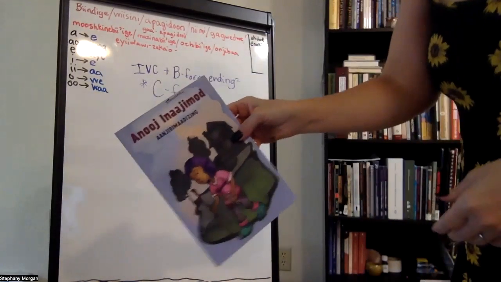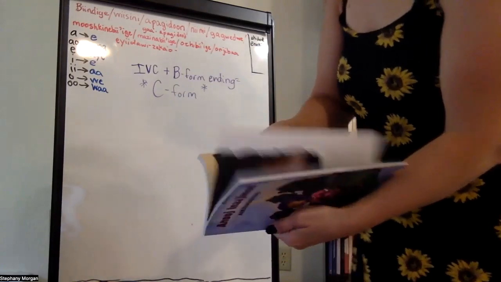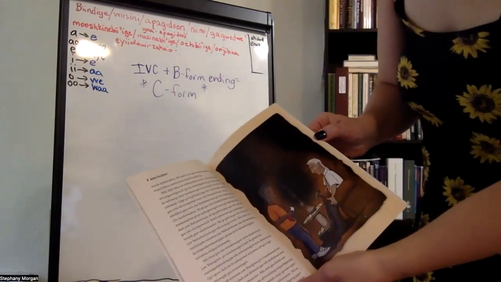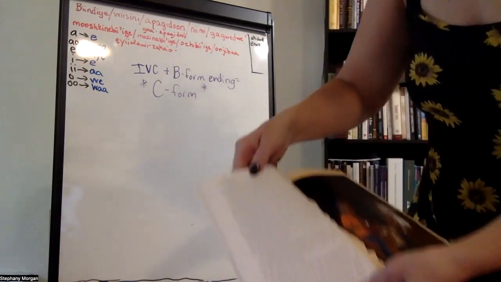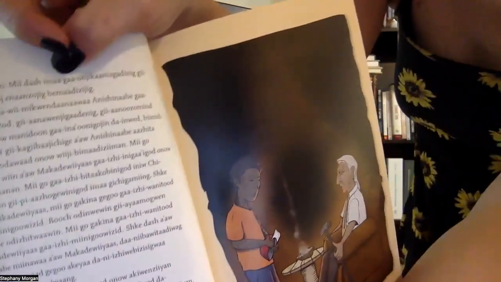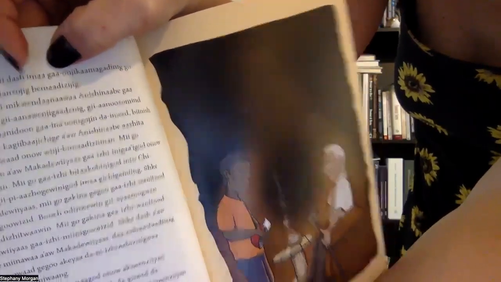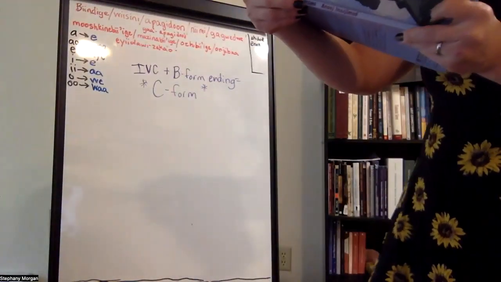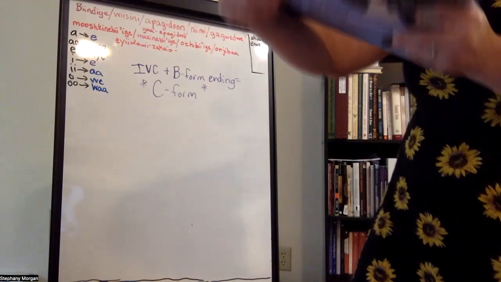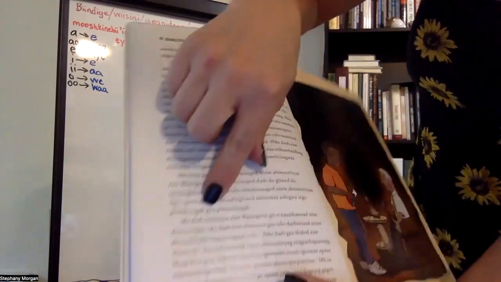In these books, we have a lot of stories that are in Ojibwe, and you'll be seeing this B form here all the time. We have ga right there, or, yeah, you see ga quite a bit. You'll also see wa quite a bit.